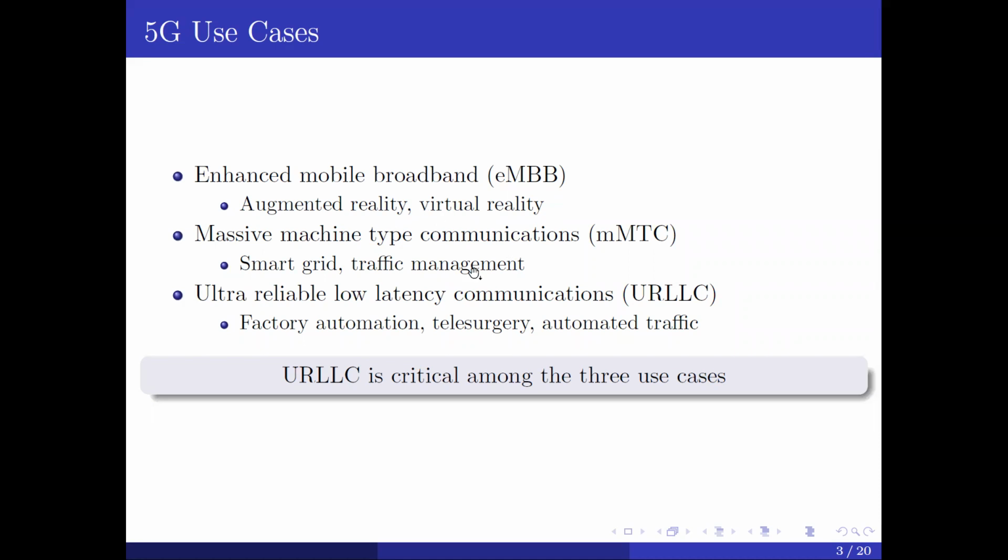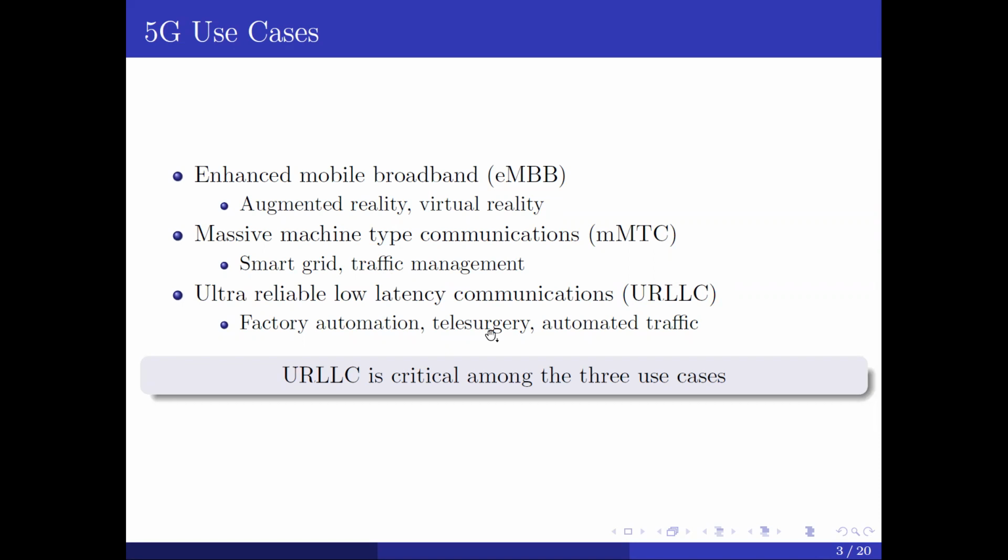The second one is massive machine type communications, abbreviated as mMTC. In mMTC, as the name suggests, a large number of devices are connected, and it is expected to deliver applications like smart grid, traffic management. The third one is ultra reliable low latency communications, URLLC. It is expected to deliver applications like factory automation, telesurgery, automated traffic.